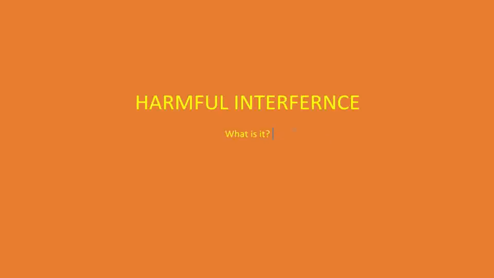So that could be a courier company with a 2-way radio. It might be a cellular telephone site. It could be any land mobile radio service. Any radio service which is licensed, and if you produce interference to that service, that's called harmful interference.